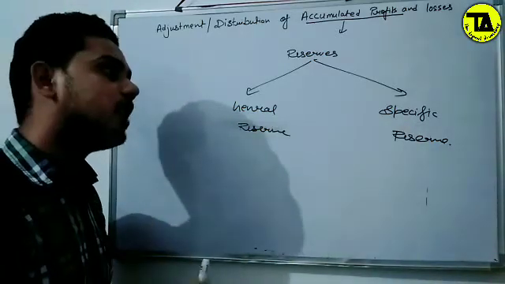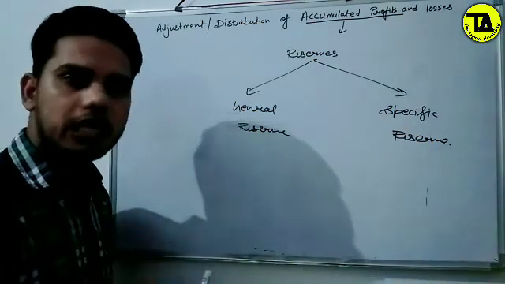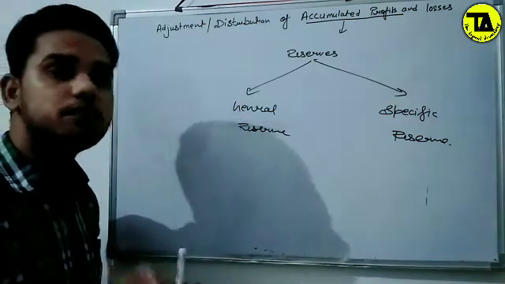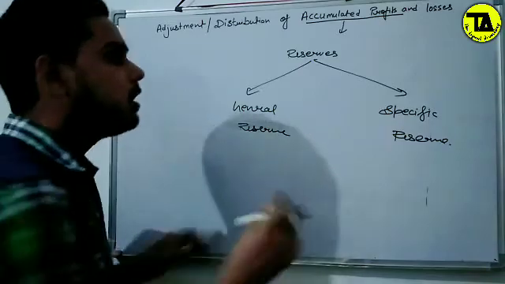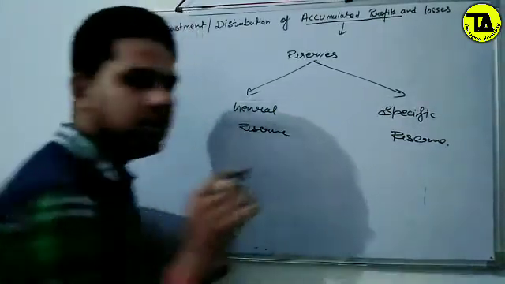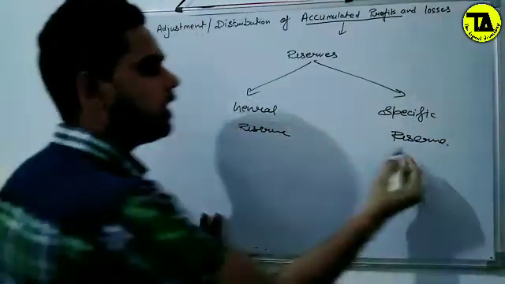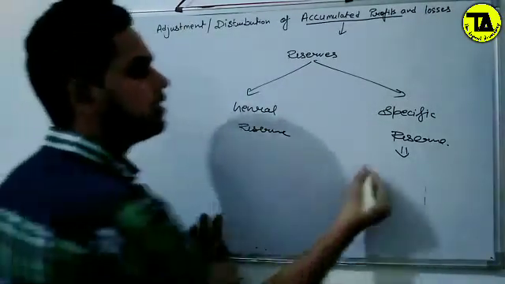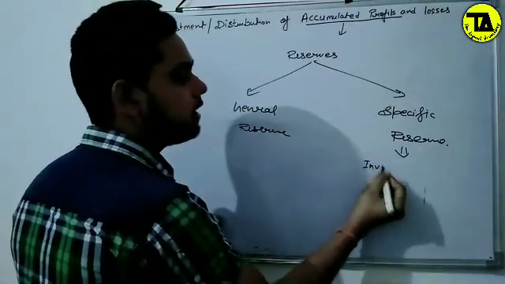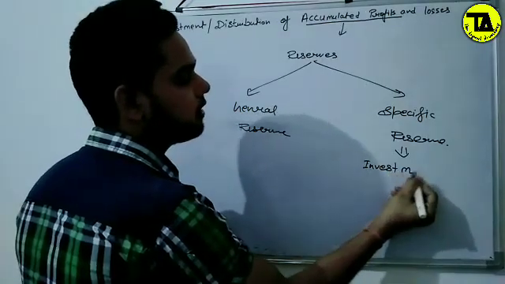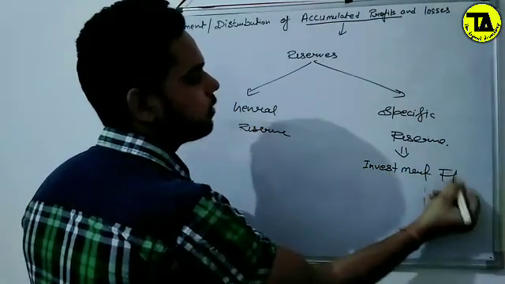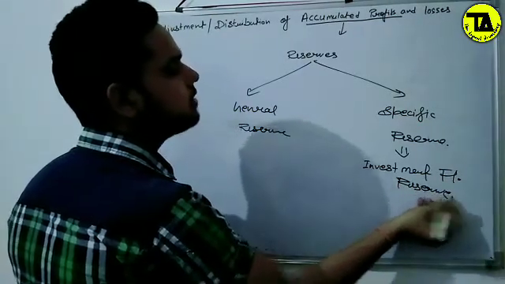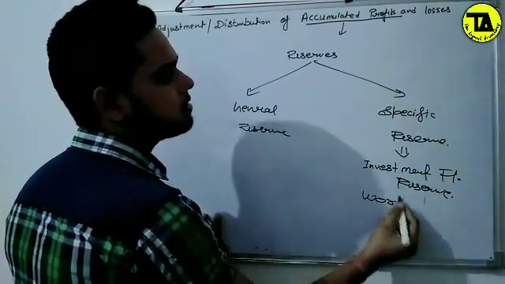Now what does a specific reserve mean? A specific reserve are those reserves which are created for some specific liability or some specific obligation. So for example, in our class 12, there are two specific reserve which we have to deal. One is investment fluctuation reserve, and the other one is workman compensation reserve.